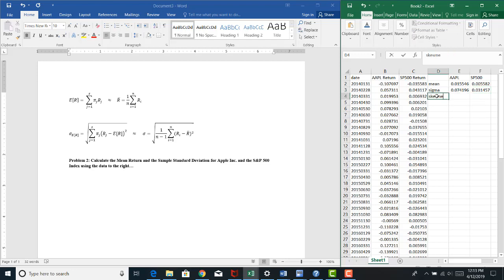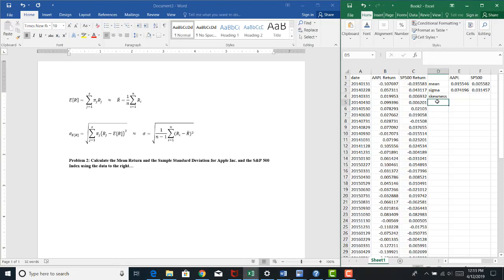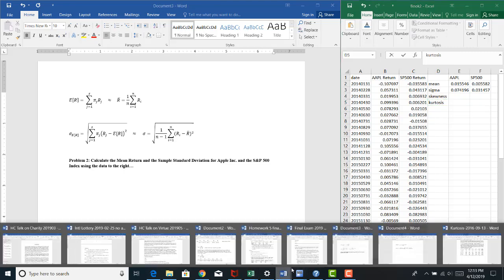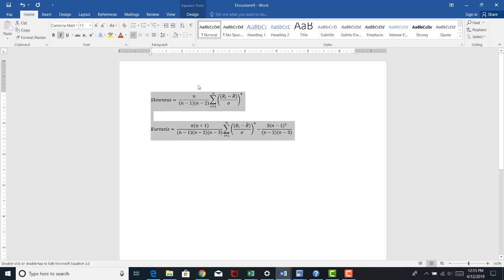In a previous video, we talked about skewness and kurtosis. Skewness and kurtosis are measuring the non-normality of the distributions. So let's also calculate both skewness and kurtosis, and you'll recall that skewness and kurtosis are calculated this way.